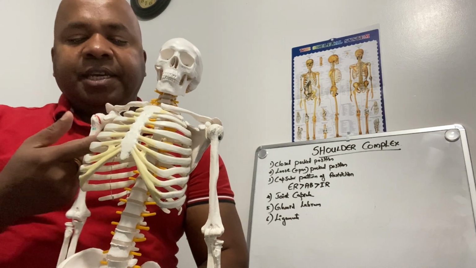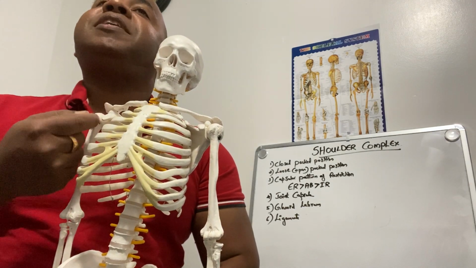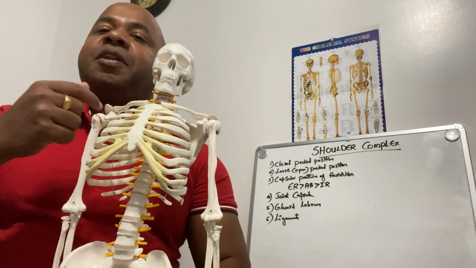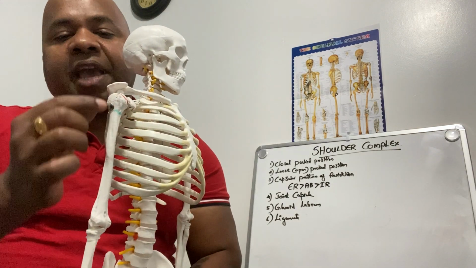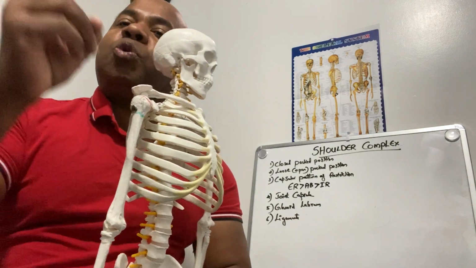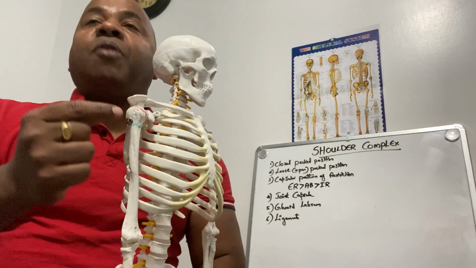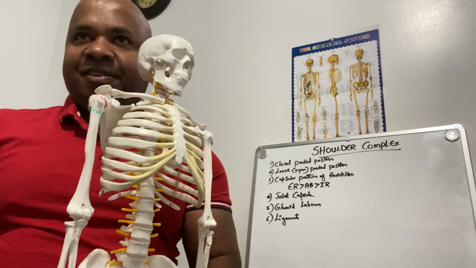Anteriorly, the joint capsule is reinforced by the tendon of the subscapularis, and posteriorly mainly by two muscles, the tendons of the infraspinatus and teres minor. That's how this joint capsule is reinforced.